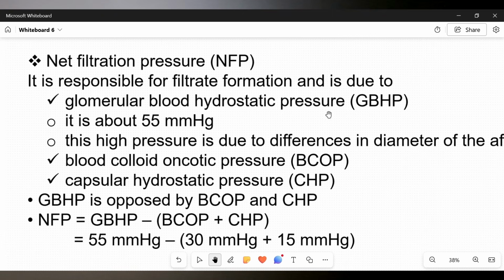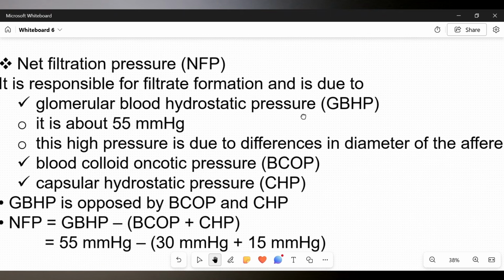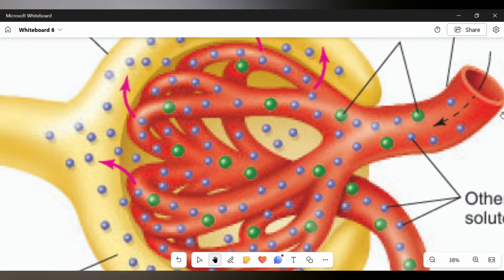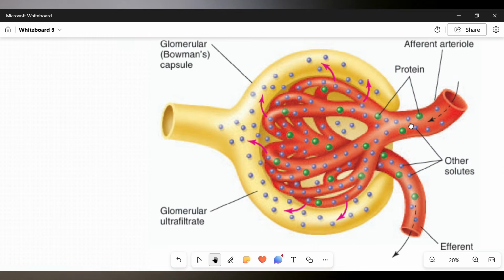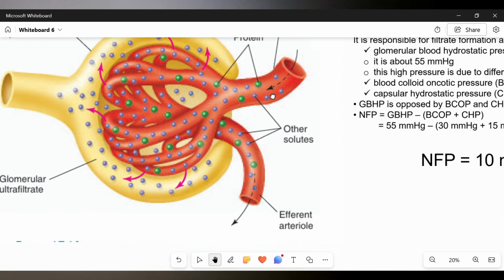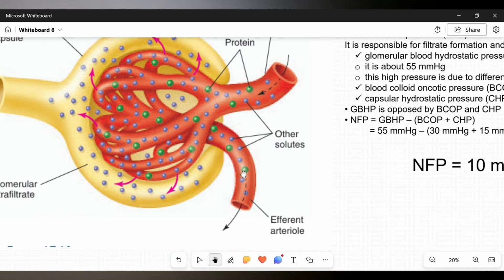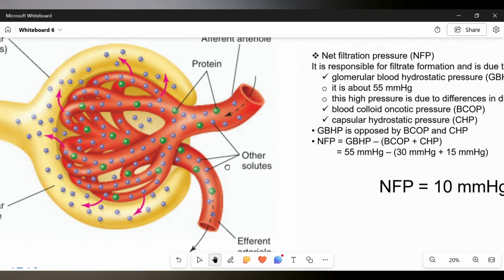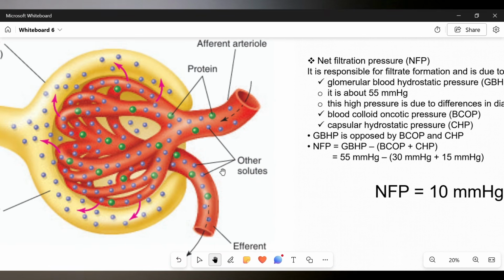Starting with glomerular blood hydrostatic pressure. If we go back to this diagram, you will notice that the afferent arteriole has a larger diameter compared to the efferent arteriole. Now, this orientation of these two arteries creates a pressure. So we have a big diameter bringing blood into the glomerulus and a small diameter artery sending blood away from the glomerulus.